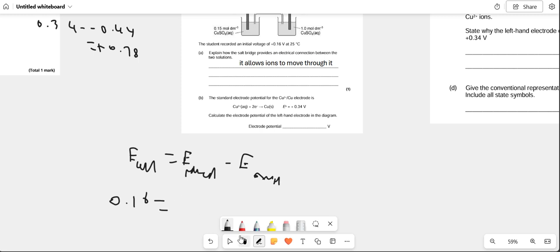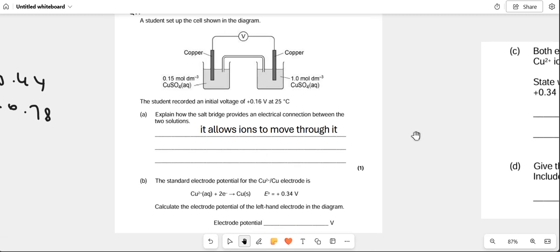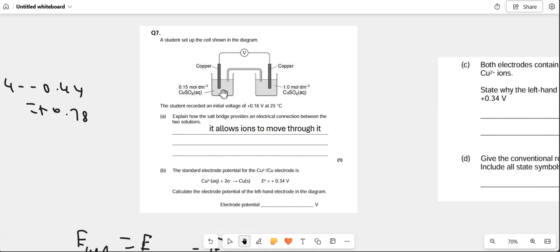Now, what's reduced, what's oxidized? He's talking about the left-hand electrode, so that's going to be the one that's oxidized. It's always right minus left, or reduced minus oxidized.